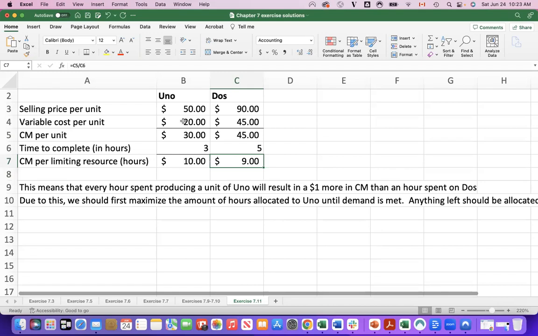Because of this, I should maximize production of the Uno first, and then, and only then, once I've maxed out production, which should be based off of the demand that you have, should I start production on the Dos, because I'm going to earn one additional contribution margin dollar per hour allocated to the Uno compared to the Dos.